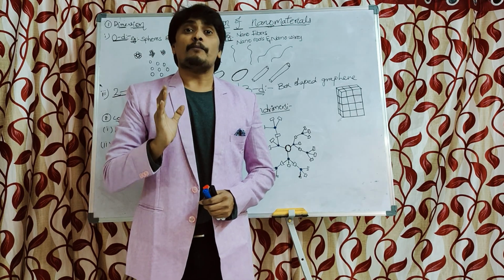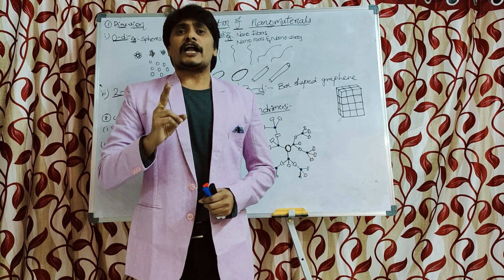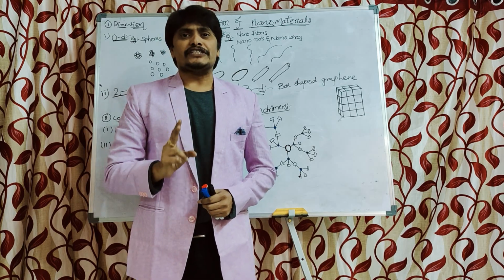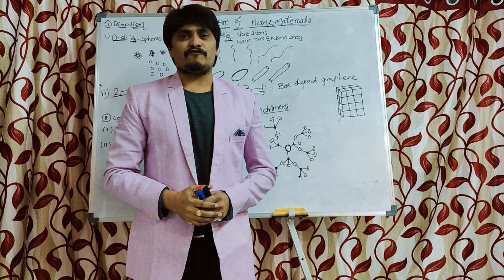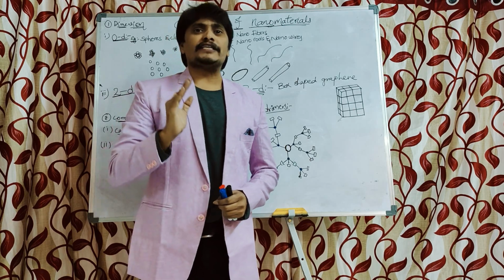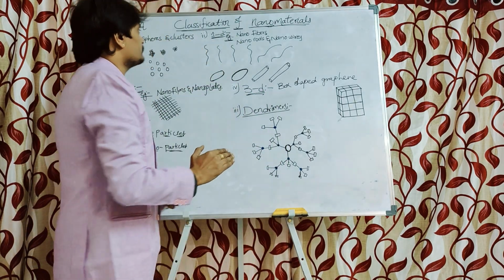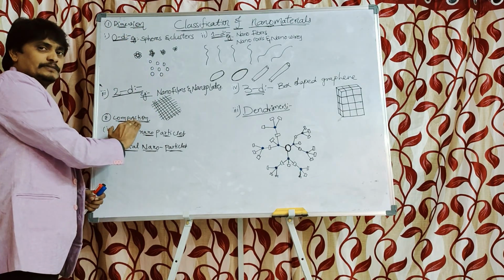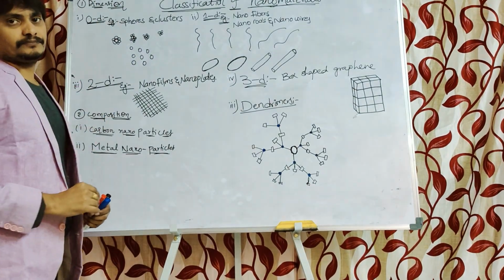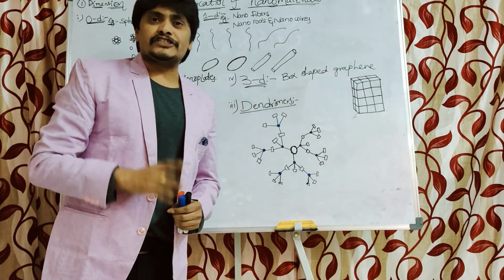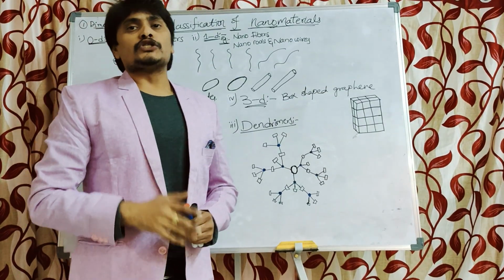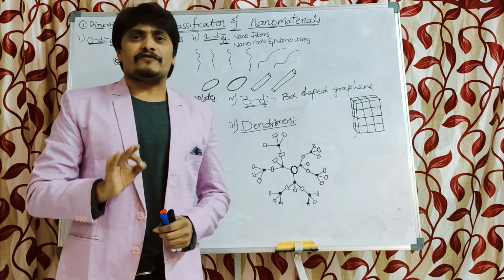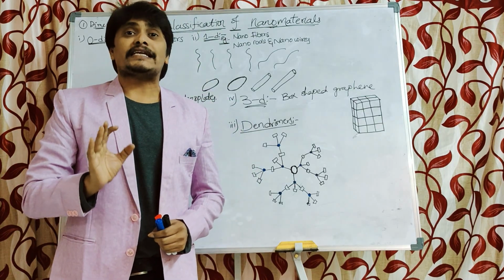There are two criteria by which the nanomaterials can be classified. The one is based upon dimension, and the second one is based upon composition.